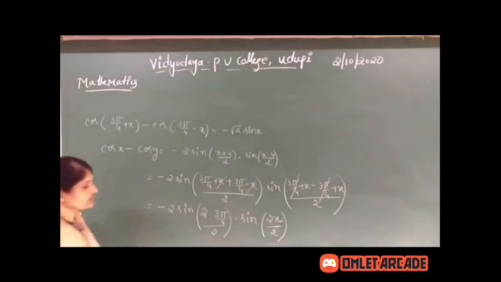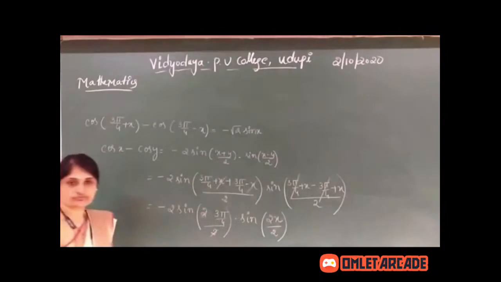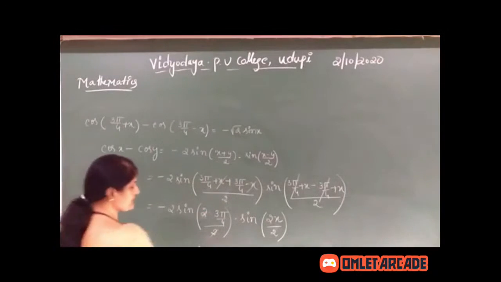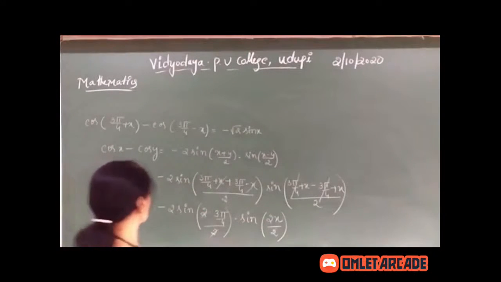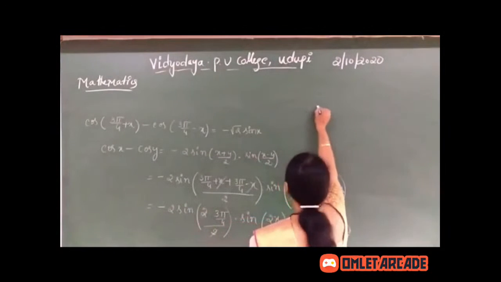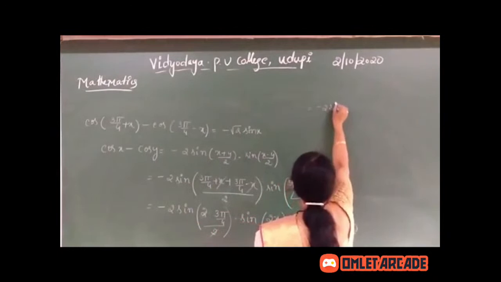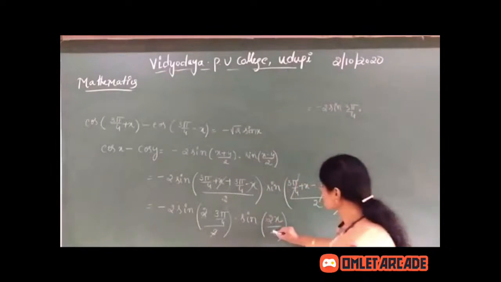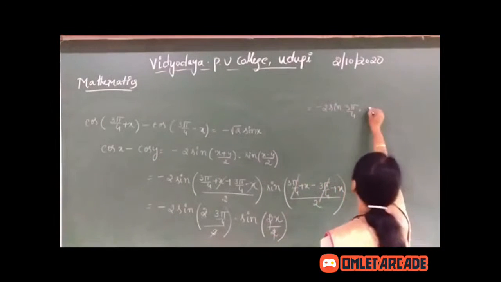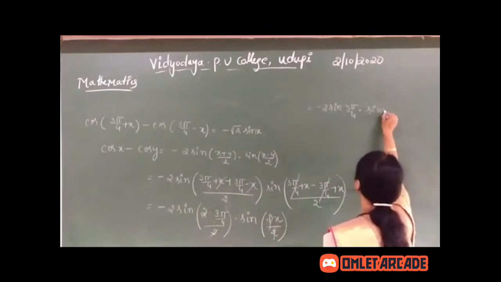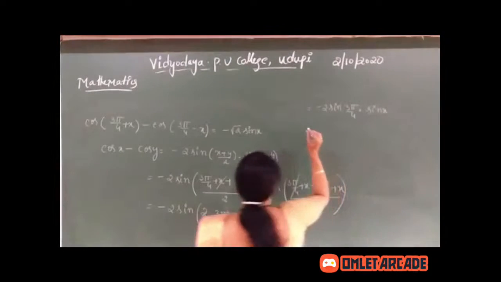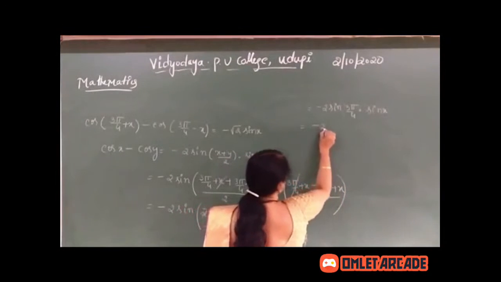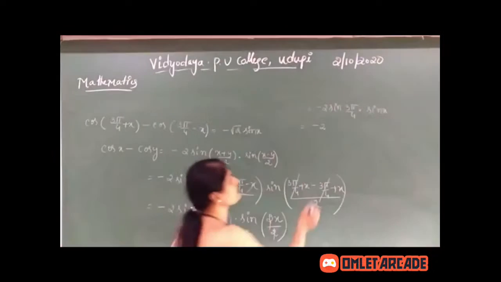Okay. Now you can cancel these two. So what is remaining here is minus 2 sin 3 pi by 4, and these two you can cancel, into sin x. Okay. Now this is minus 2 sin 3 pi by 4.